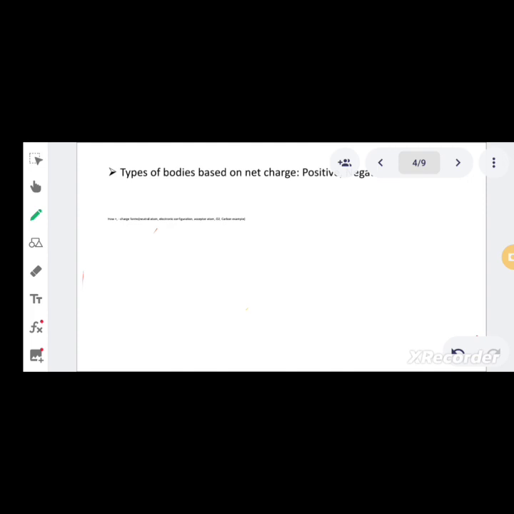We all know any matter is formed by atoms and molecules, the atoms being the smallest, and any atom has at the center a nucleus which has protons. Then we have orbits where we have electrons.